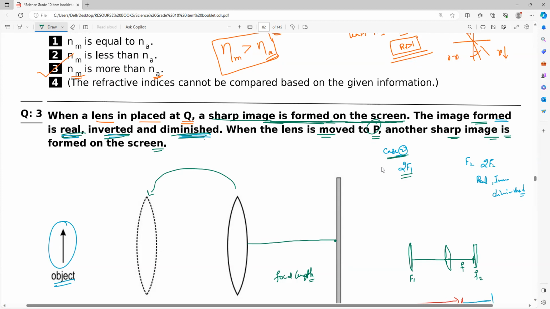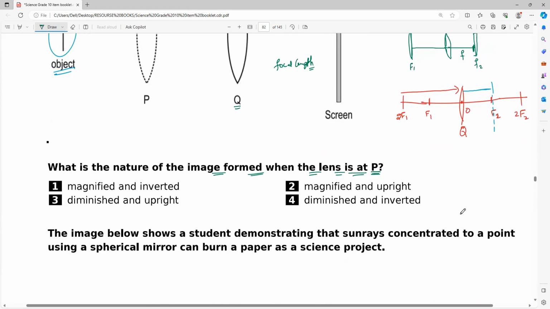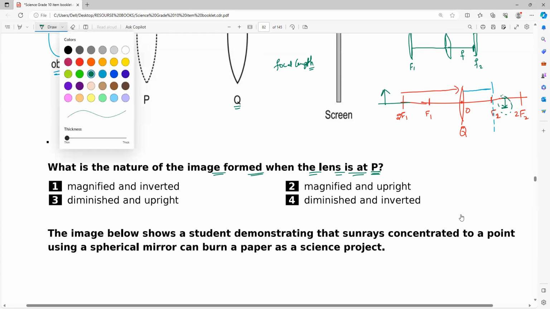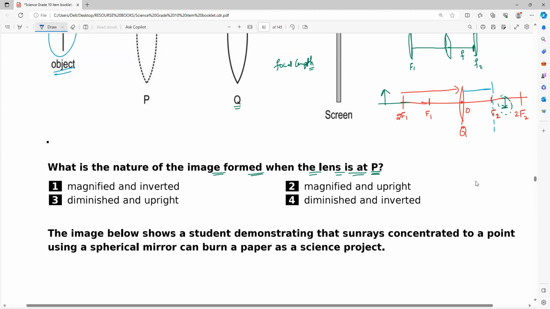When the object is beyond 2F1, here, then the image will form between F2 and 2F2, real, inverted and diminished. Now all of you observe very carefully. They are just shifting the lens; the object remains at the same position.